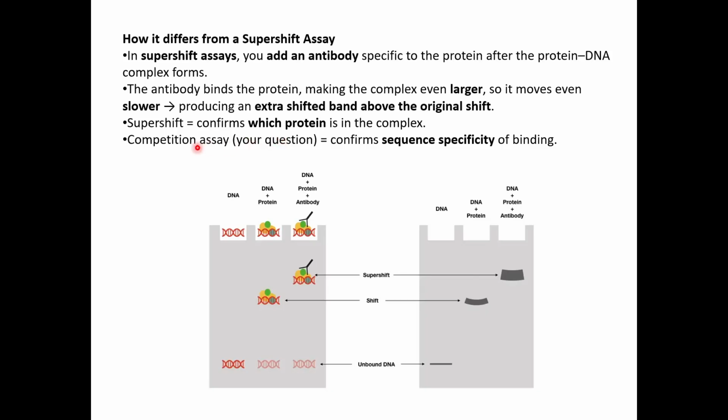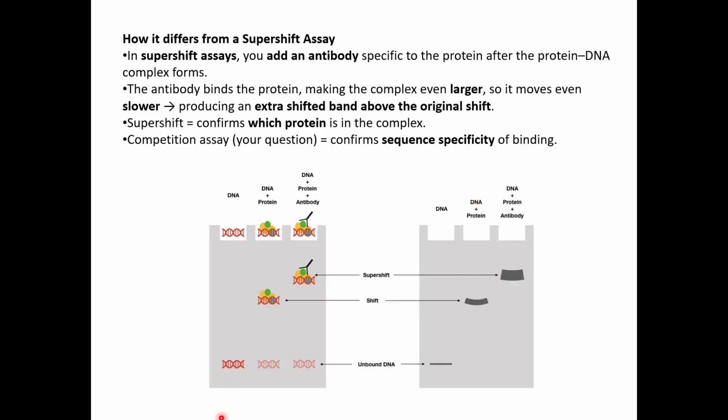That is why it is a super shift. So super shift basically confirms which protein is present, and your competition assay confirms which sequence is specifically binding. So your super shift is to confirm the specificity of your protein, and your competition assay is to confirm the specificity of your sequence. That is basically identifying which protein in super shift and which sequence in case of your competition assay.